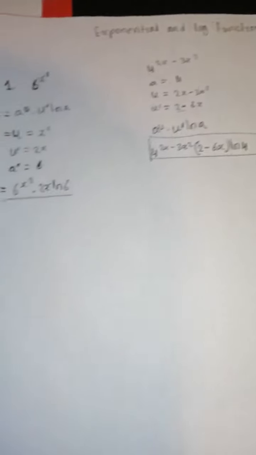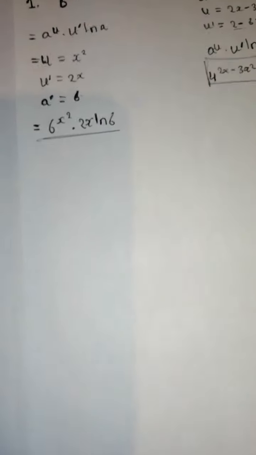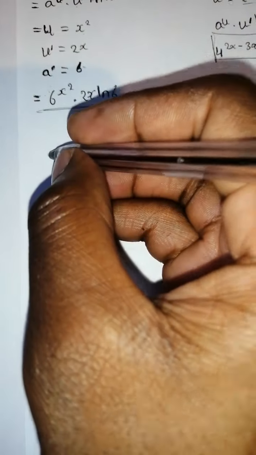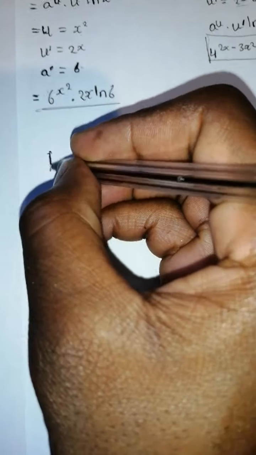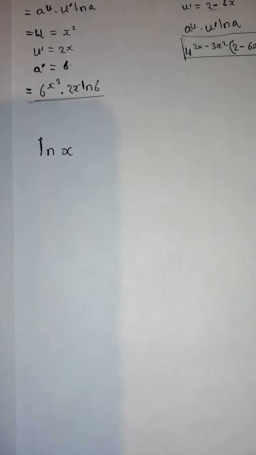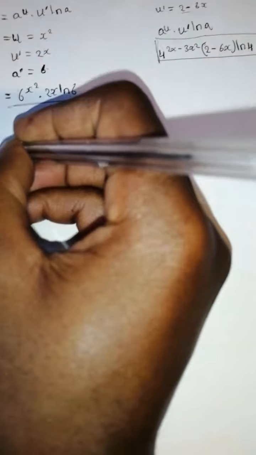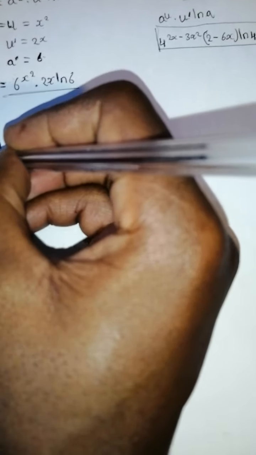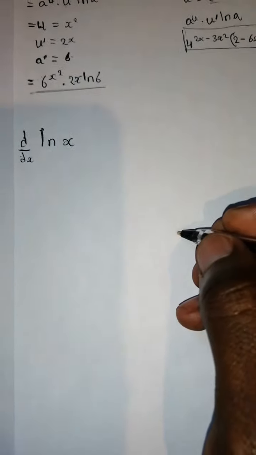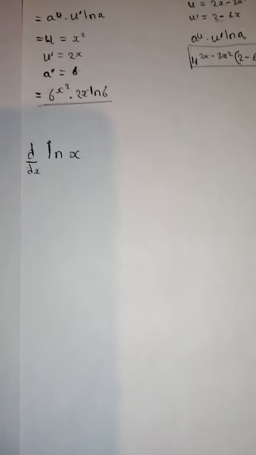Now with that said, how can we find the derivative of, let's say, ln x? To find the derivative of ln x, first of all you have to know the formula for finding the derivative of natural logs.